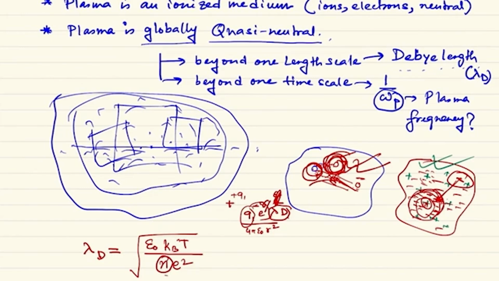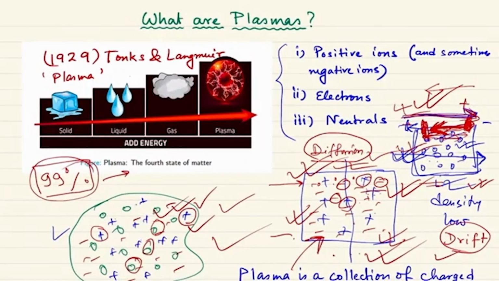Just to tell you, when I say that T is the temperature of the plasma, this is a wrong statement. This is actually the temperature of the species. So lambda D corresponds to a species. For example, here when we are talking about the lambda D, it was the lambda D of the ions. Now the same type of thing can happen. When you have a large collection of plus and minus charges, an electron can also be surrounded by very slowly moving positive ions.